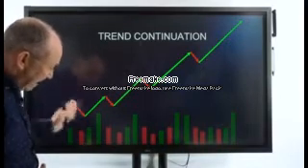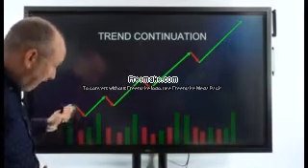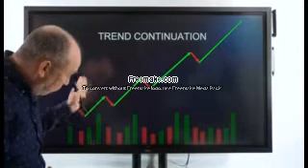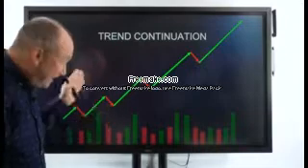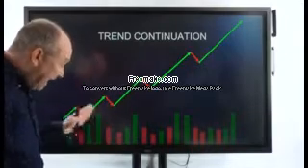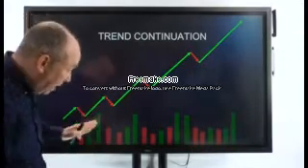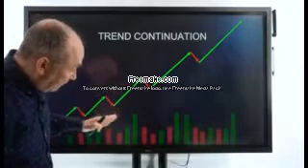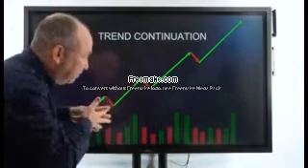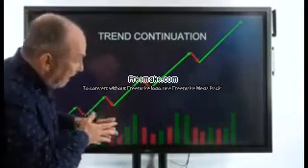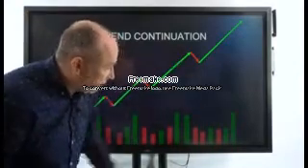The pullback is aligning with a lower volume candle, and on we go again. Again, the pullback has a reduced volume. In other words, there's not as much selling pressure in the pullback as there is in the trend continuation. And as the market starts to trend up again, the volume increases, more traders are getting into the trend and the trend is being pushed up by the buying pressure, and the pullback again has a reduction in volume.